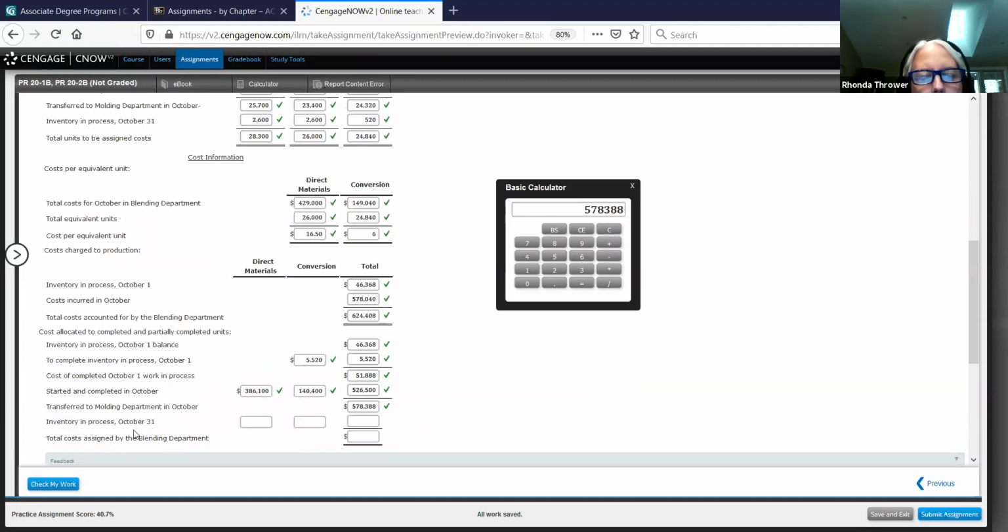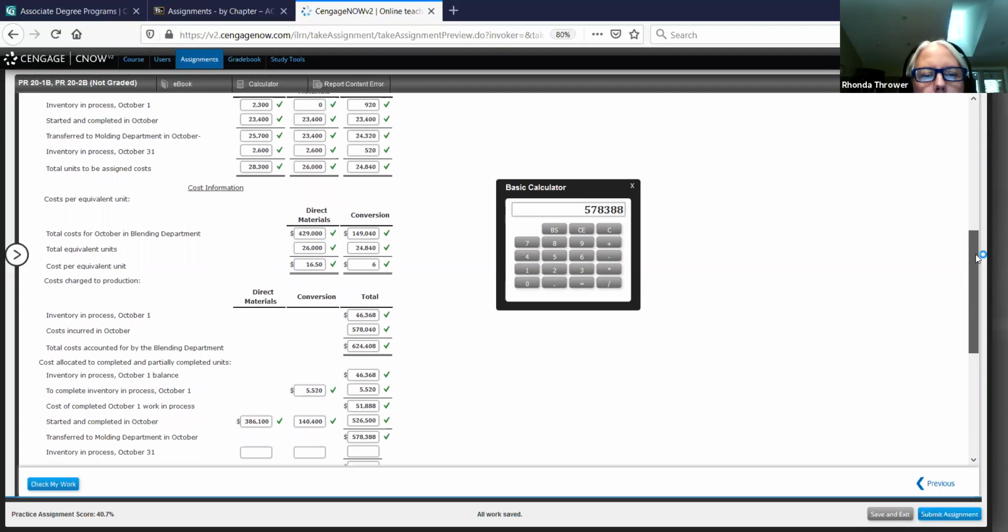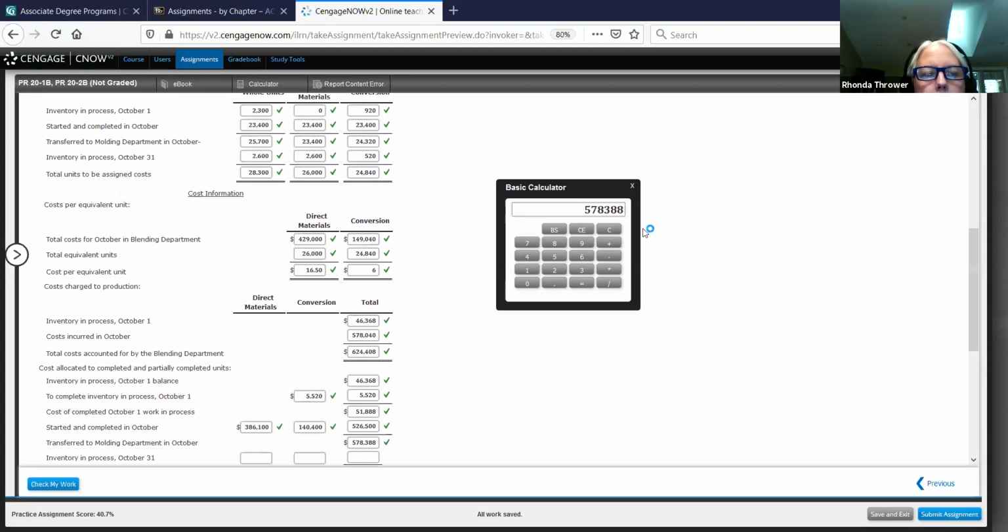And the last thing that we need to do is determine our ending inventory cost. So I'm going to fill in my direct materials cost of my ending inventory. And I've got to refer back to my materials for ending inventory.